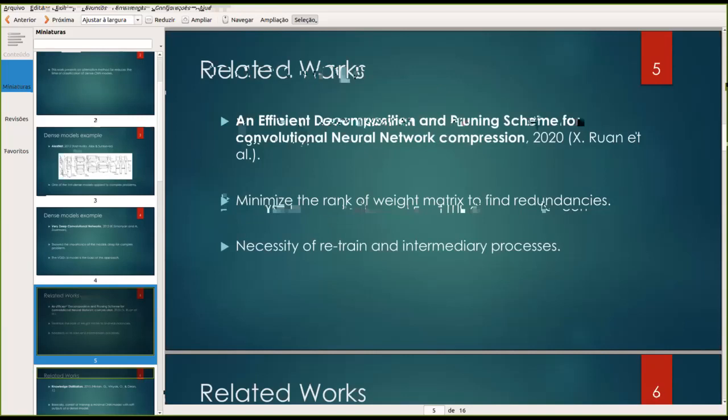To solve the problem of dense architectures, some architecture reduction techniques are presented. The work of Ruan et al. takes an approach based on low-rank decomposition to prune a dense model.